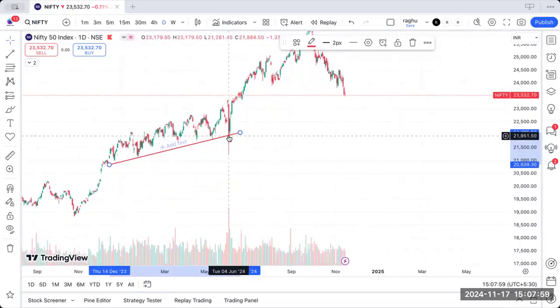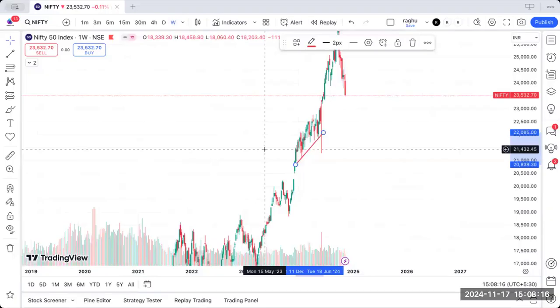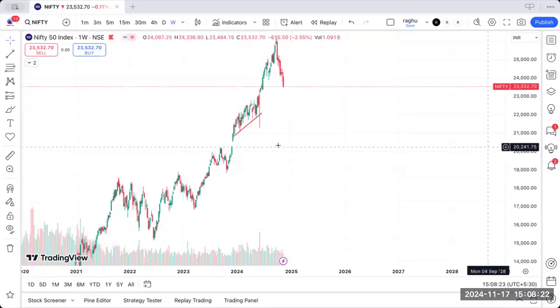But what happened after that? It started moving up the next day, on Wednesday; this is Tuesday, the pre-election exit poll day, and the next day was the result date. Now, if I look at the weekly time frame, price action works differently on different time frames. This is all about a lot of practice.